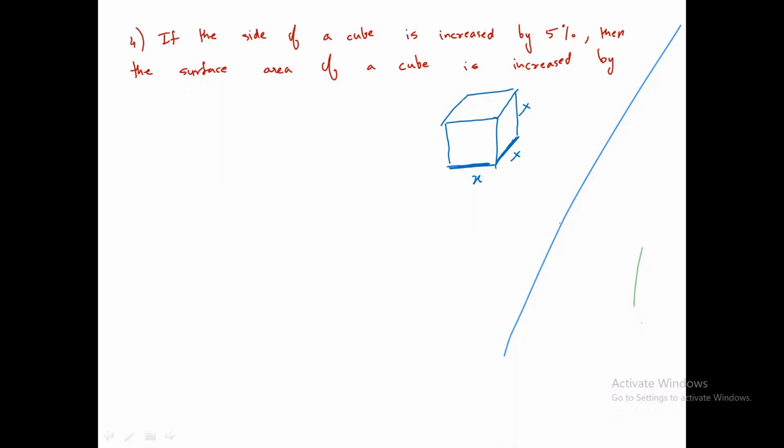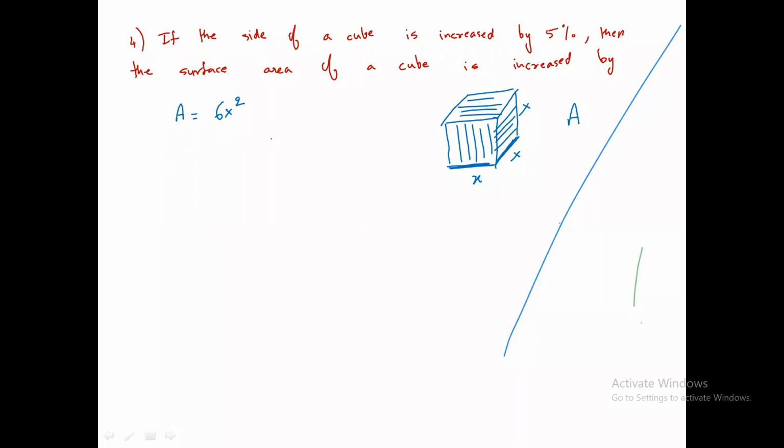And the surface area means this area. If you find all the 6 sides, the surface area is A. Take it in that way. Okay, the formula for surface area of the cube: each surface area is x squared. There are 6 surfaces, so 6x squared. This is what we have.